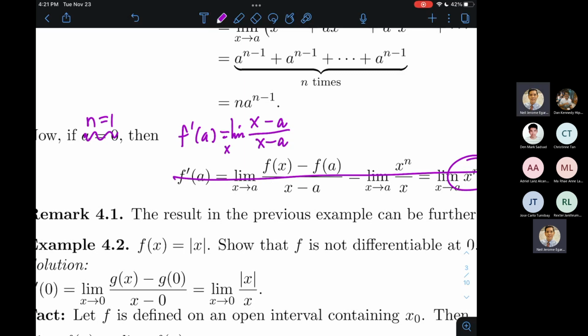Then we take the limit as x approaches a. So this will just be the limit of 1 as x approaches a. That would be equal to 1. Okay? So end of proof. Yeah, sorry. Inulit ko lang pala yung same mistake with the previous case. So yeah. So ito dapat yung restriction. Okay? I hope that's fine.